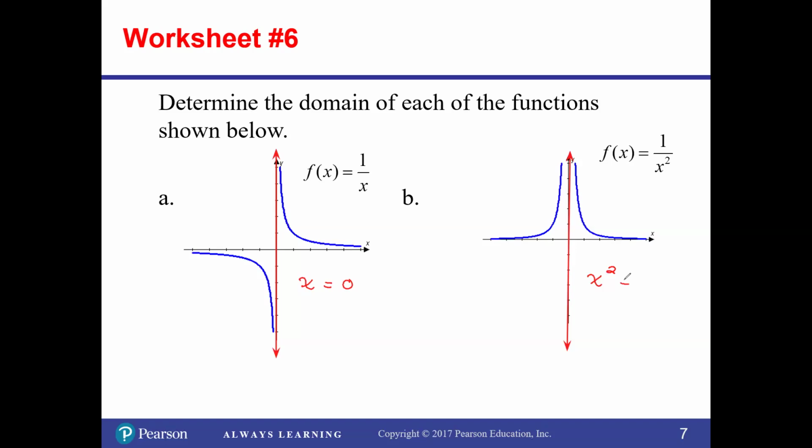Same thing if it's x squared: set the denominator to 0, and x would have to be 0 to make the denominator 0. So my domain for both of these is all our x's with the exception of 0. So we would say we have everything from -infinity to 0, and then 0 to +infinity.